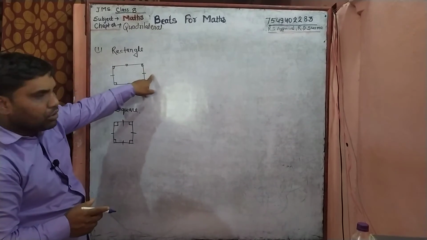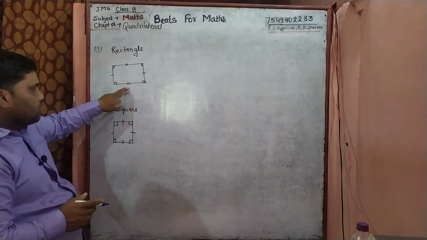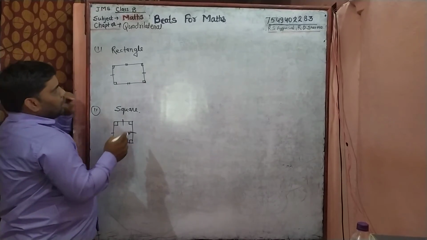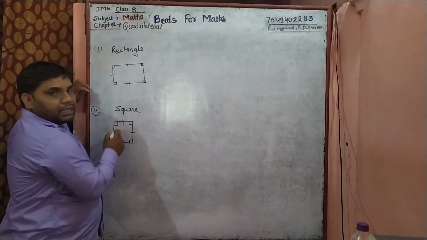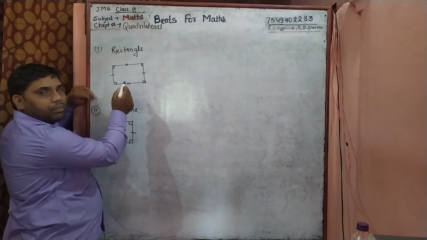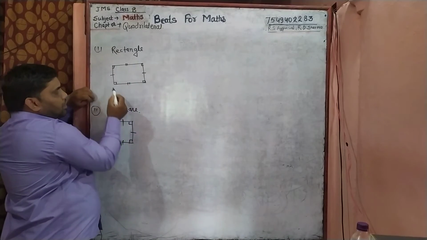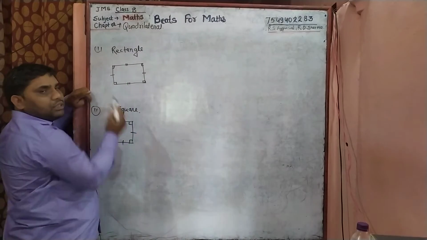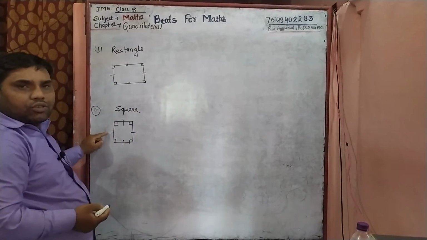This side is equal to this one, and this one is equal to this one. Here all four sides are equal. Each angle measures 90 degrees here also, but the difference is that here all four sides are equal, and in a rectangle only opposite sides are equal. All squares are rectangles.